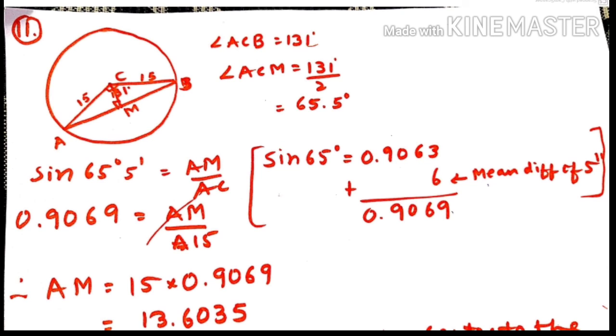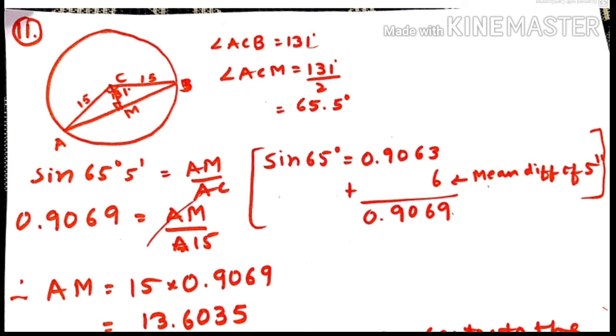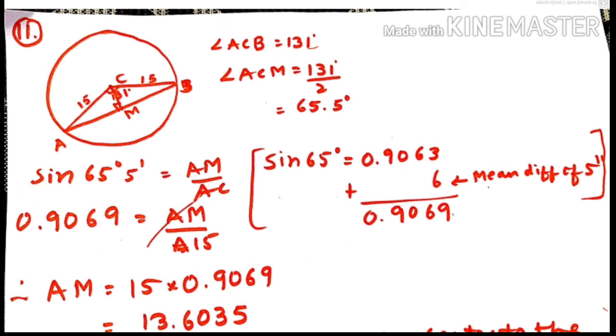Now for the value of sine 65 degrees 5 minutes, you have to see your natural sine trigonometrical table. Sine 65 degrees is equal to 0.9063, and for 5 minutes we see the mean difference of 5, which will be added to the last digit, that is the fourth place, and we get the value 0.9069.